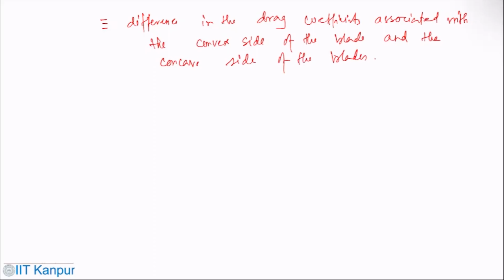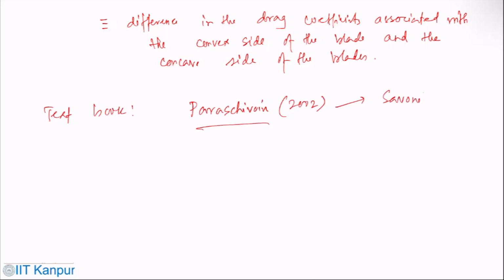There is a textbook by Paraschivoiu in 2002, which talks about the details of these Savonius and Darrieus rotors.